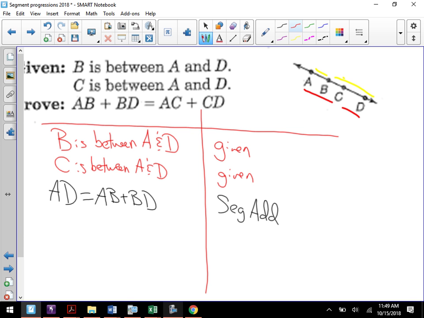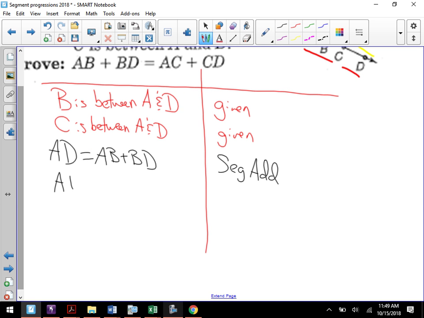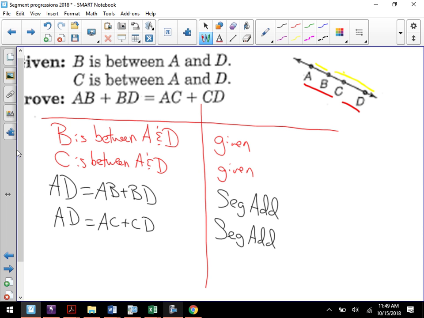Okay. Isn't AD also AC plus CD? Look at the picture. Isn't that the same thing? Two smaller segments added to equal a large one? Take a wild and crazy guess what your next step is. Substitution. And what do you substitute?